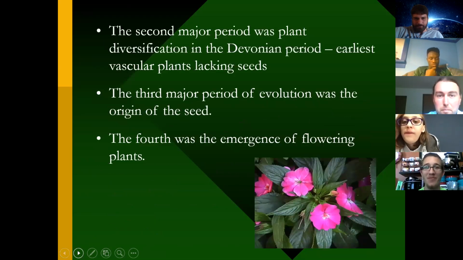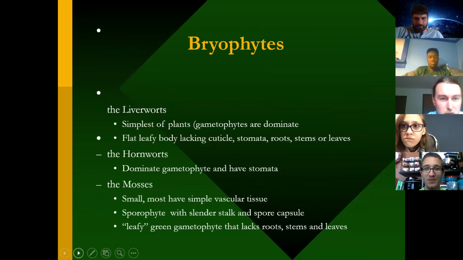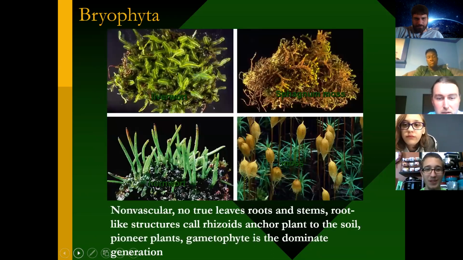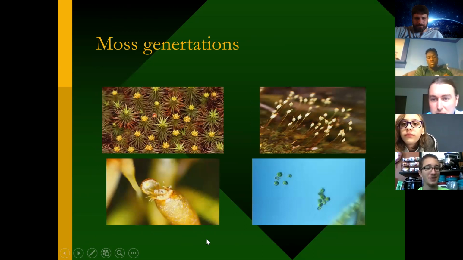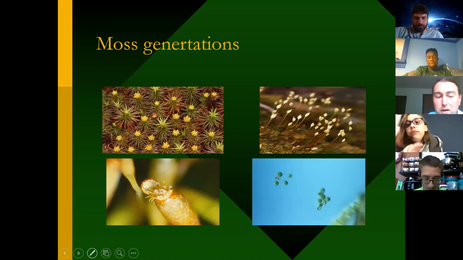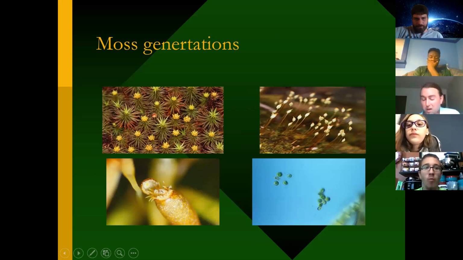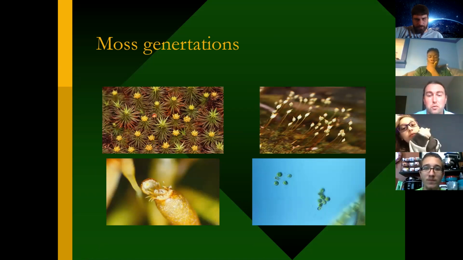So, let's see where we're at. Liverworts. So let's start with this. Looking at how plants had evolved to be on land, we can look at moss and at how basically life started in this wet place and then had to move to a drier place.